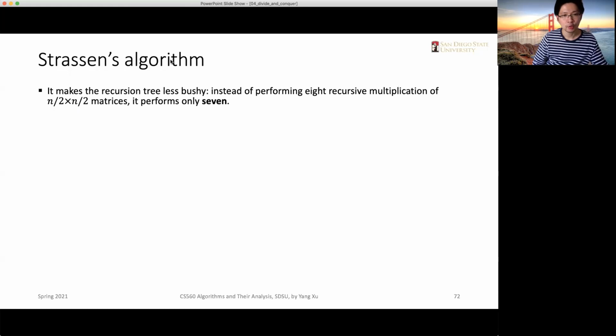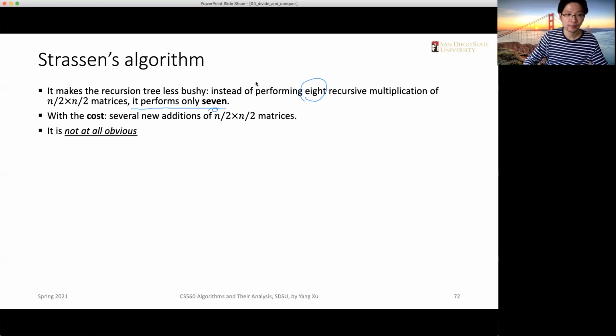The idea of this algorithm is that instead of computing 8 recursive calls, instead of calling 8 recursive multiplication computations, we can now only perform 7. Okay, that's already an improvement, right? Because we lower the constant number.